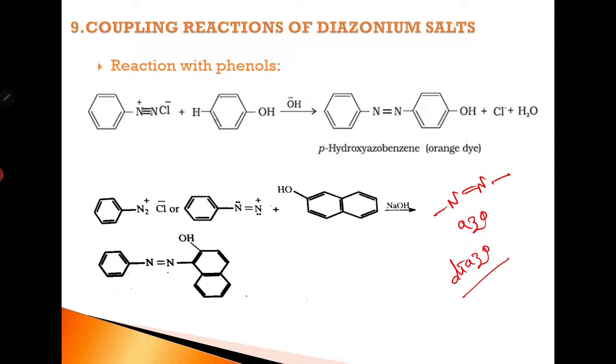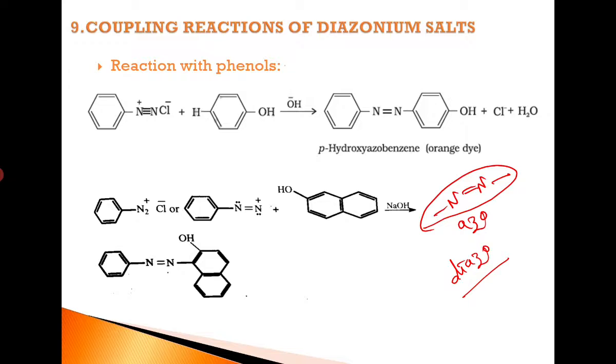See, the alkaline or neutral solutions of diazonium salts, when treated with phenols or anilines, undergo coupling reaction and yield products in which the N double bond N group is present. Therefore, they are called azo compounds, and this reaction is called a diazo coupling reaction.